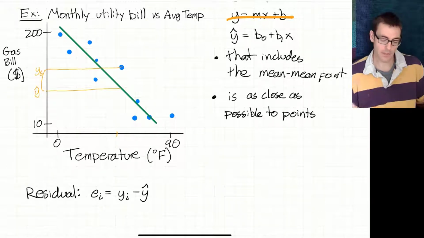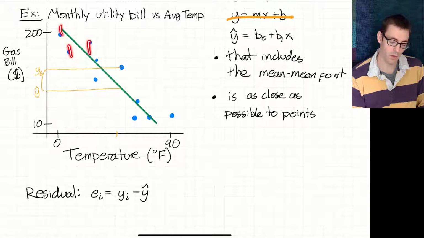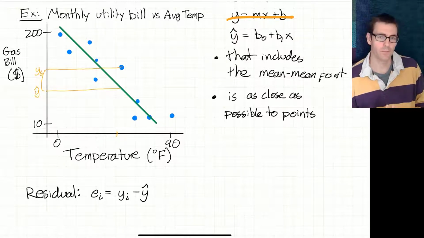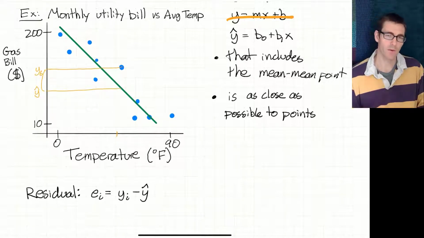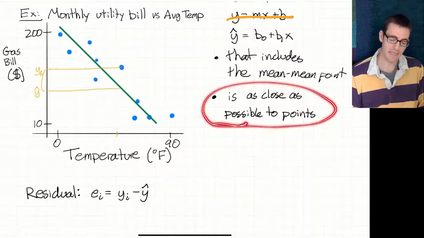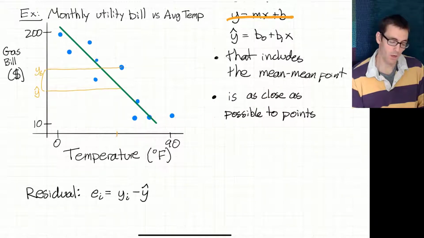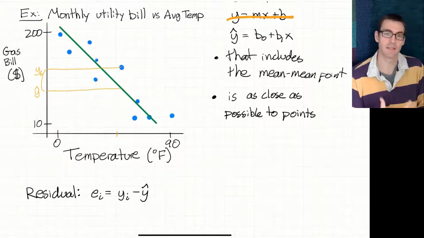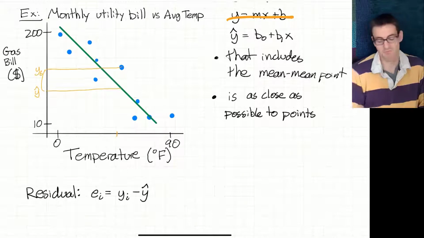So we can calculate the residual for each of the points. And a goal is to minimize the residuals. We're trying to come up with a criterion for our line, for our model, that reflects the idea that we want to be as close to the points as possible. One idea would be, for each candidate line, to calculate the residuals, and we want the line that minimizes the sum of the residuals.